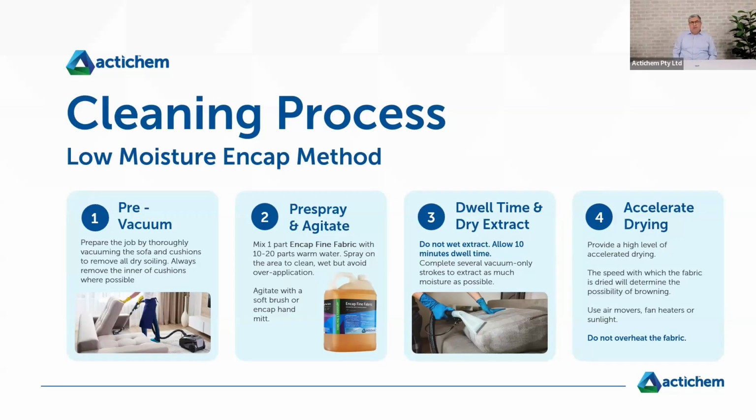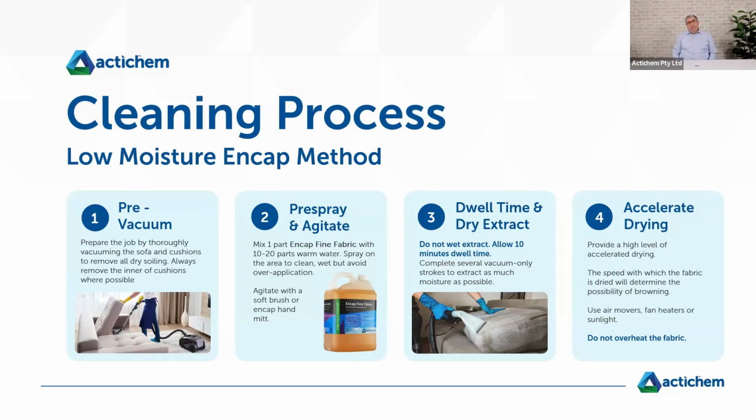So typically speaking, we'd add somewhere in the region of 10 to 30 mils of perox, which is a 50% hydrogen peroxide, into your ready-to-use solution. So that's 10 mils up to 30 mils of perox per liter of ready-to-use mix.